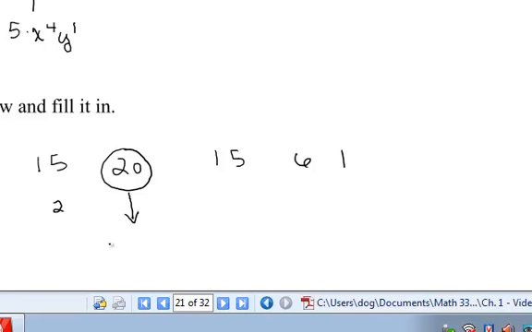This one is going to be 20x cubed, y cubed, plus 15x squared, y to the 4th. That's where this one goes, and so on.